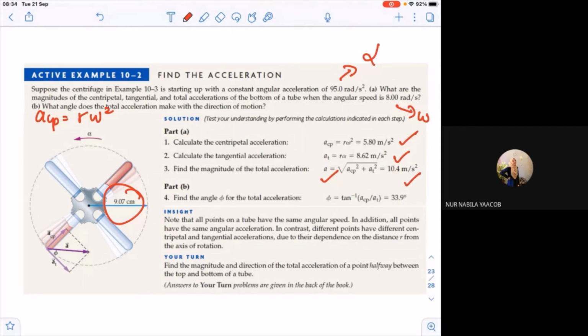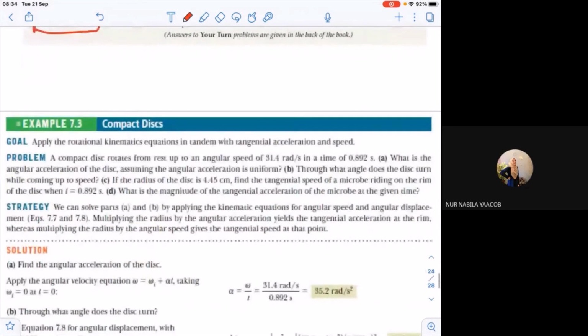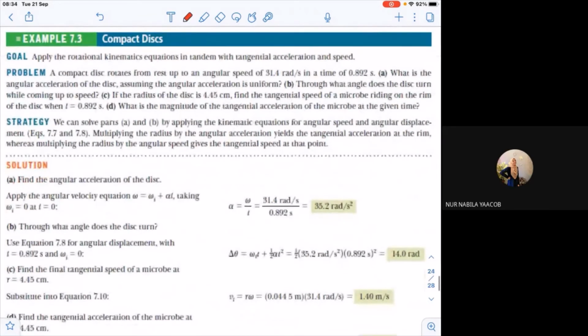Use the sum equation, and you can get the phi that is equivalent to 33.9 degrees. So all of this is happening here: the tangential acceleration, centripetal acceleration, and the total acceleration. Normally we will talk a lot in terms of centripetal or tangential accelerations. Okay, so look at another example.